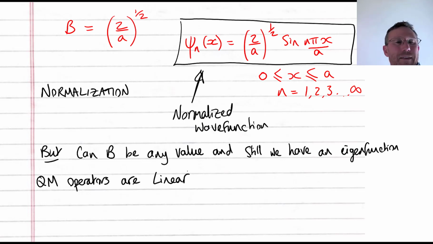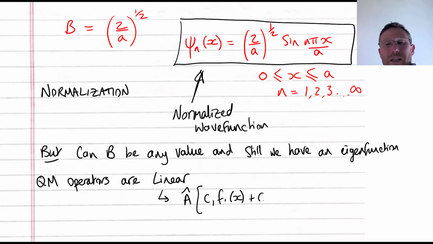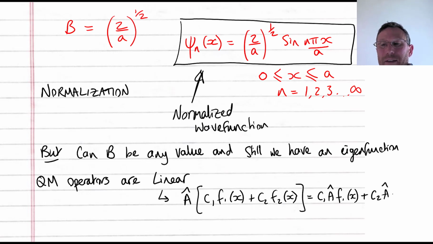What this means is that any operator operating on C1 F1 of x plus C2 F2 of x is equal to C1 A hat F1 of x plus C2 A hat F2 of x. This will become important later when we look at superpositions or additions of different orbitals in order to understand the total energy, perhaps, of an atom that contains many electrons.